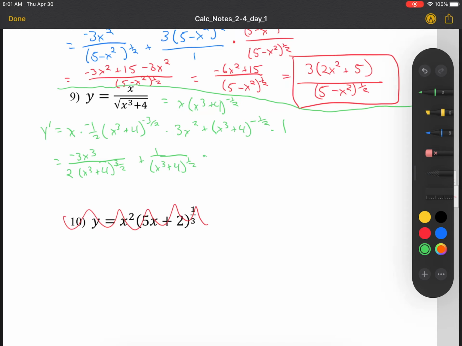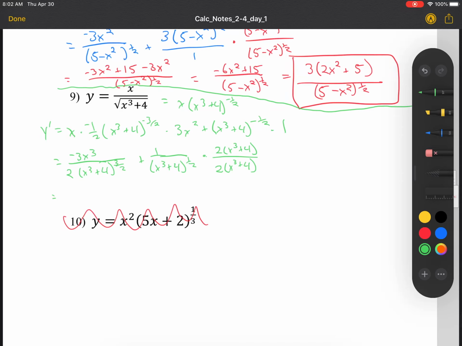And now again, we're going to multiply by our denominator in that first fraction over there. So our 2x cubed plus 4, top and bottom.